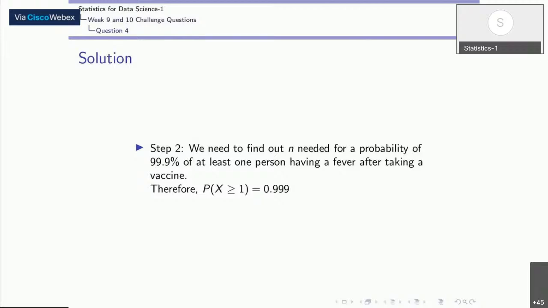We have been given that the probability of x greater than or equal to 1, that is at least one person will get sick, is 0.999. So this is our step two.